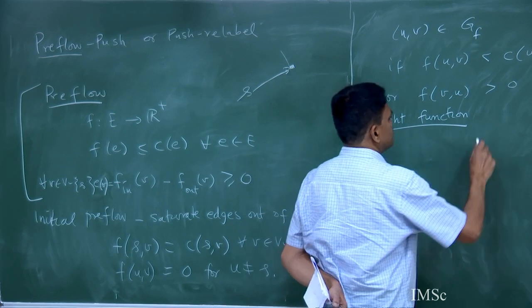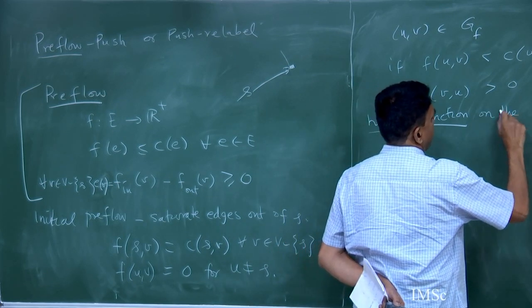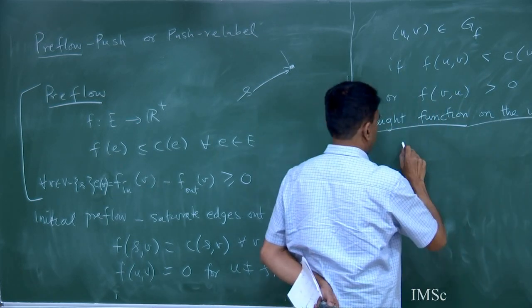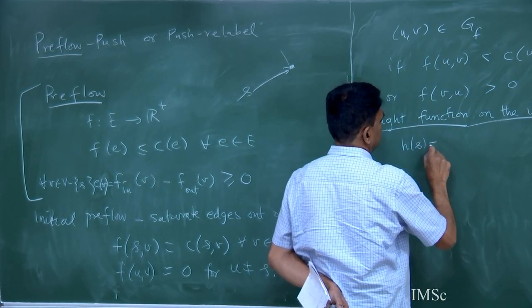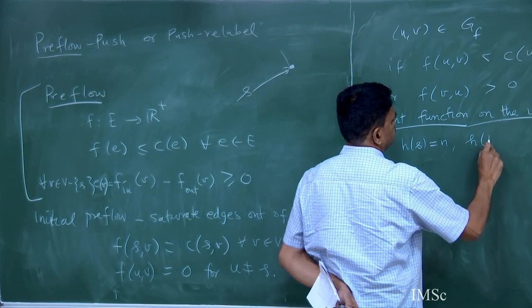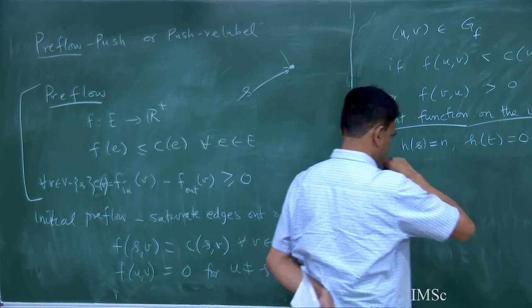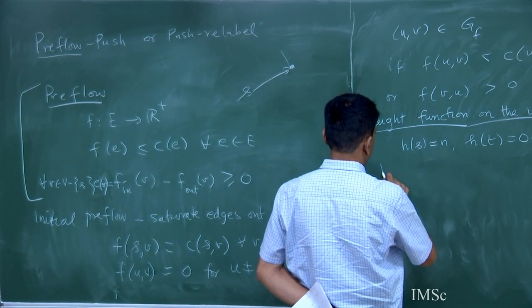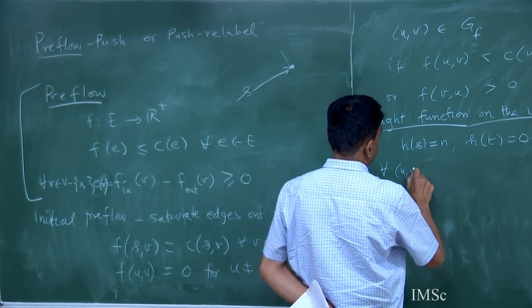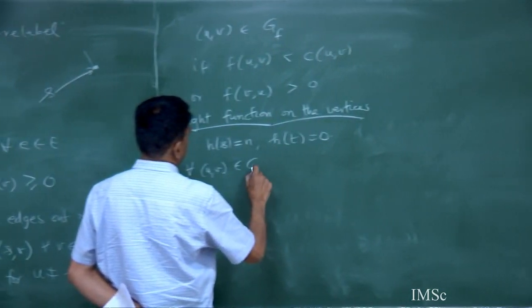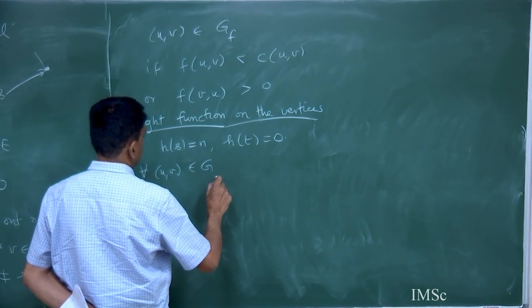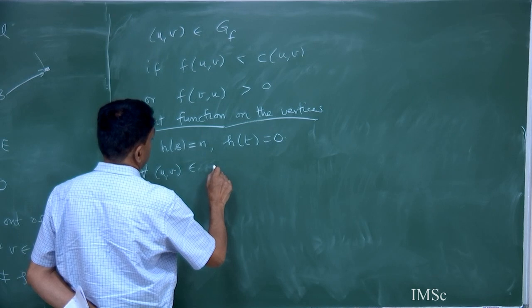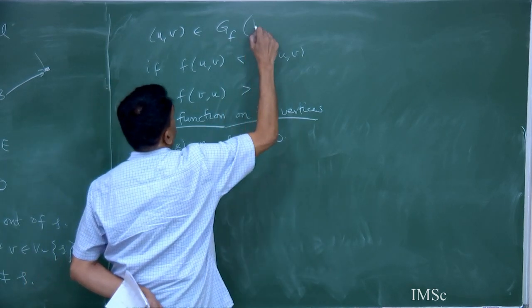So the height function is on the vertices. h(s) is n. And this is the invariant we will maintain in the residual network.